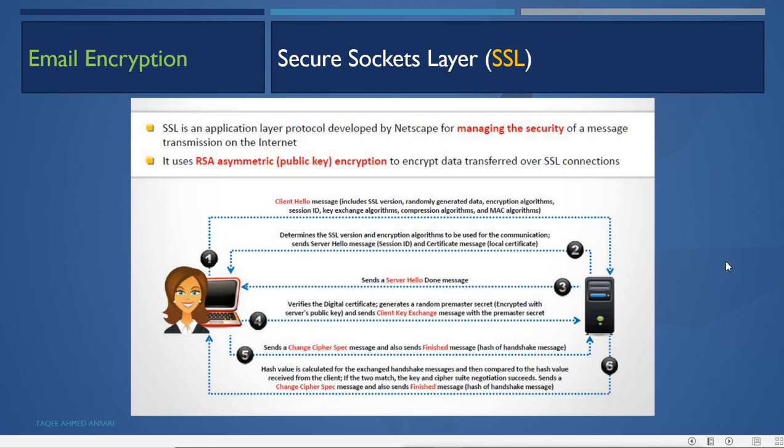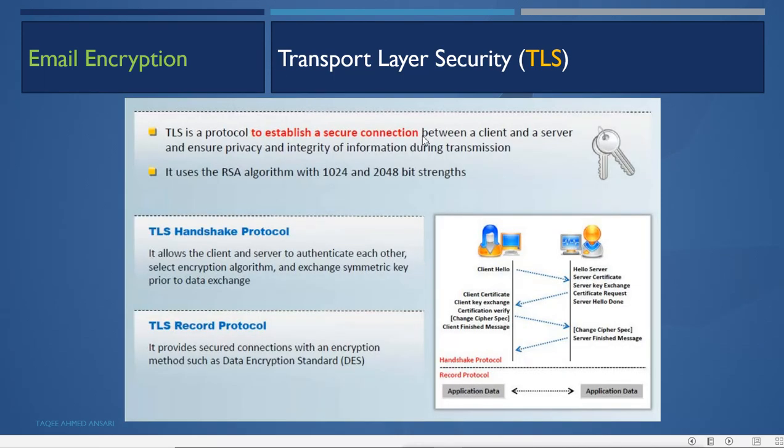It uses the RSA algorithm with 1024 and 2048 bit strength. It uses the TLS handshake protocol and TLS record protocol. The TLS handshake protocol allows the client and server to authenticate each other and select the encryption algorithm and exchange the symmetric key prior to the data exchange. And the TLS record protocol provides a secured connection with an encryption method such as Data Encryption Standard, DES.